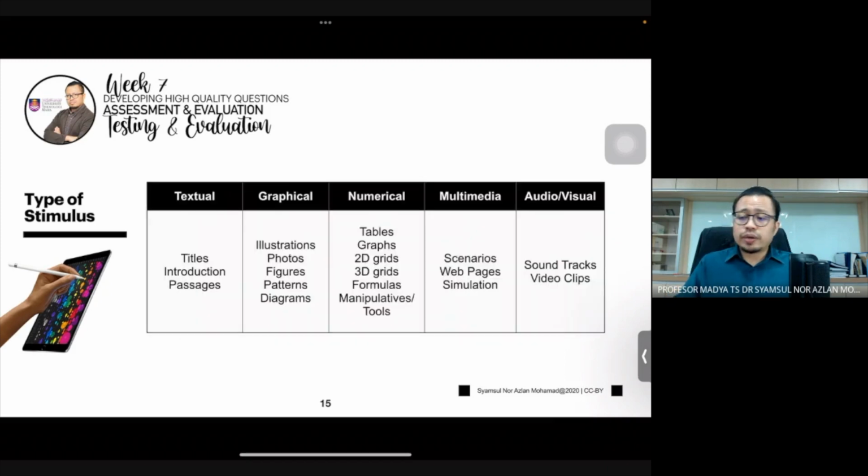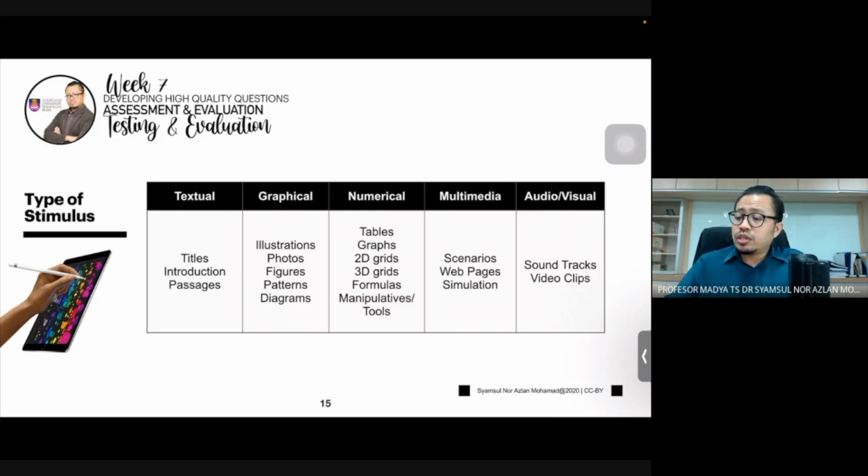So that's the reason why, if we go for the types of stimulus, there are a lot of stimuli that can be used. For example, textual, graphical, numerical, multimedia, and audio visual.